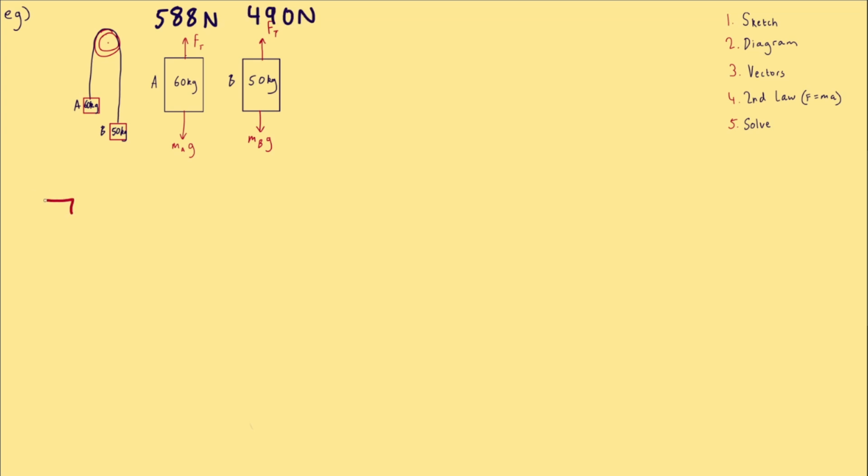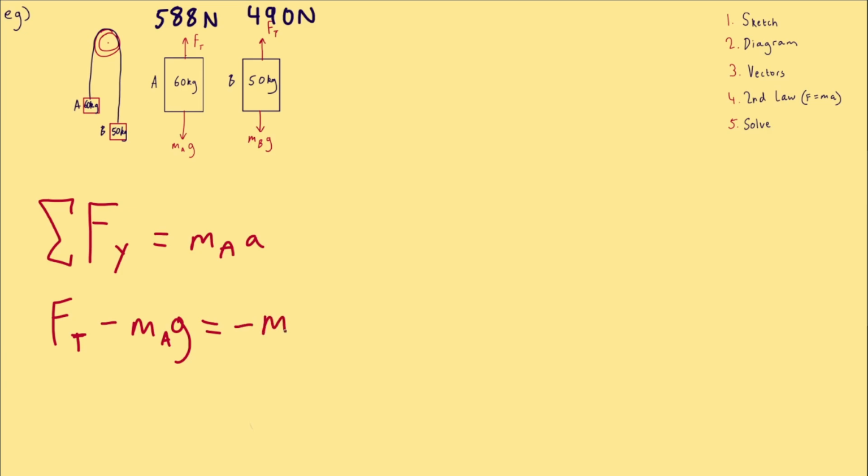So the net force for A. I'll let you do this one if you want to. Go ahead and pause the video. Now let's do it together. The net force acting on it is the force of the tension pulling it up minus the force of gravity pulling it down. This is equal to negative mA, because remember, A is going down. Now how about B?